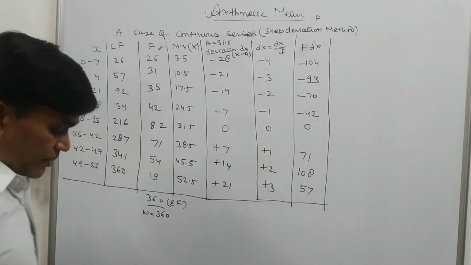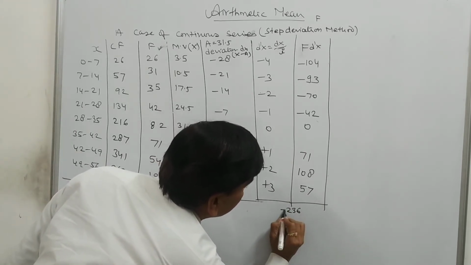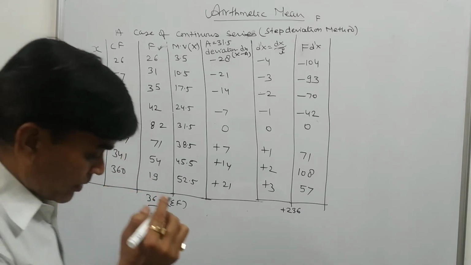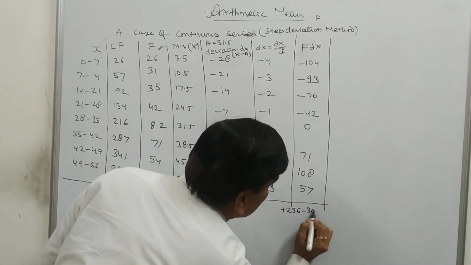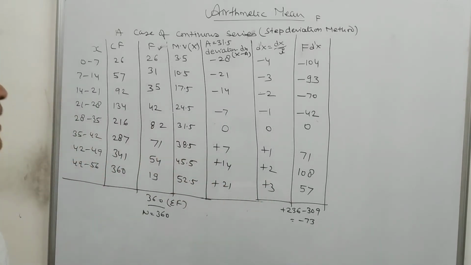So it's very easy to calculate. The plus value is equal to 236 and the minus value here is 309. So we are getting minus 73 here.